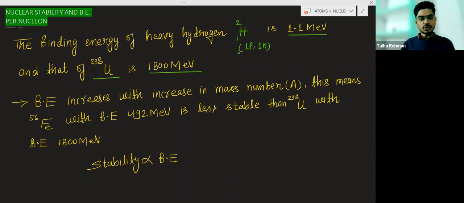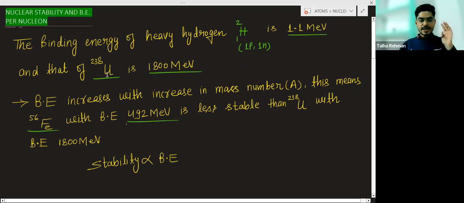And binding energy of iron 56 is this. So Fawaz, can you tell me, the binding energy of this uranium is this, and binding energy of iron is this.